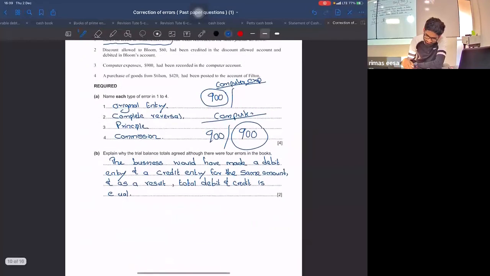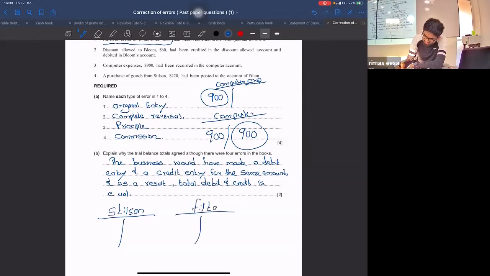Okay. A purchase of goods from Stilson had been posted to the account of Filter. Can you tell me, when you purchase from Stilson, purchaser's account is always debited. When you purchase, purchaser's account is always debited.